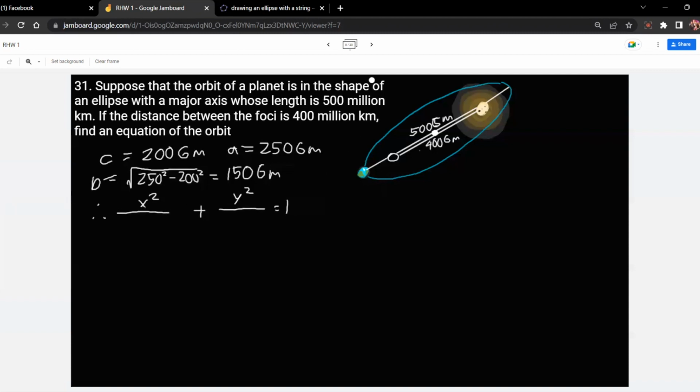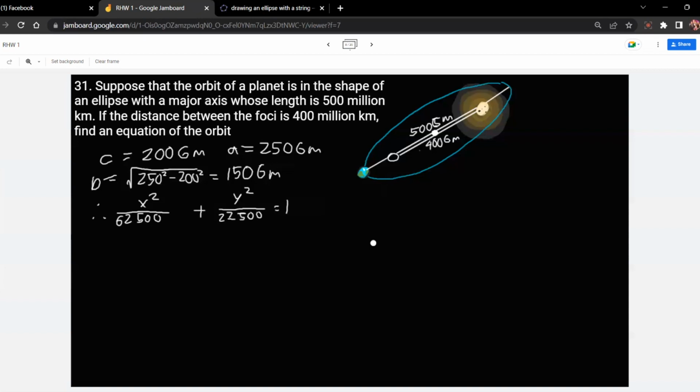So, 62,500 yung sa denominator ng X. And then, 22,500. Tapos nun, yung X and Y, alam mo yung pinapayo sa sulat, diba?